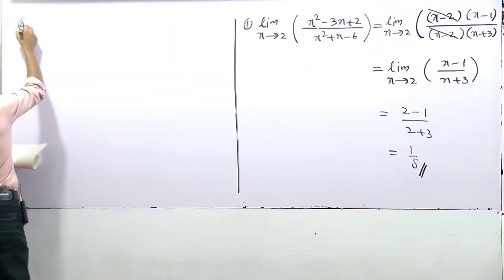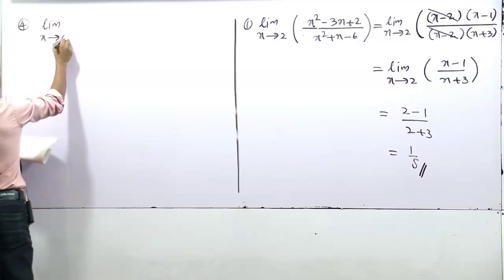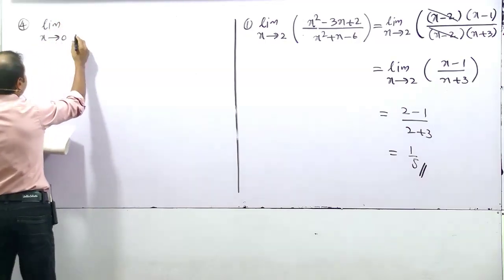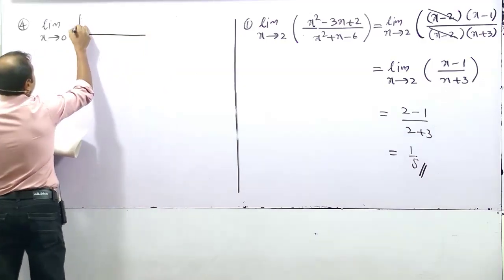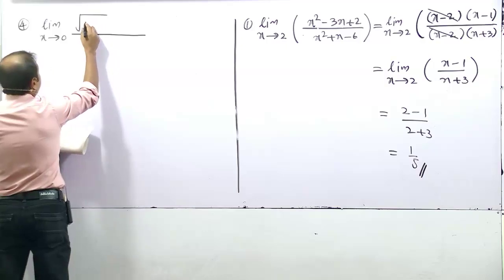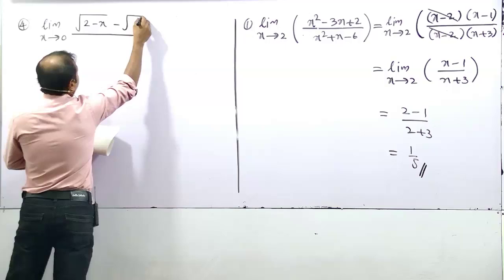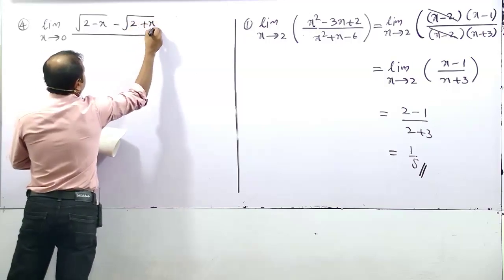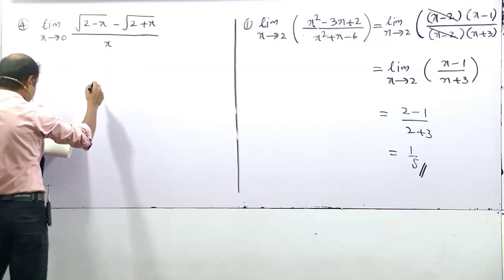Fourth example: limit as x approaches 0 of (root of 2 minus x minus root of 2 plus x) divided by x.